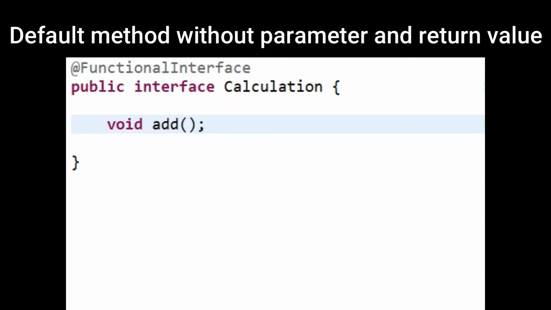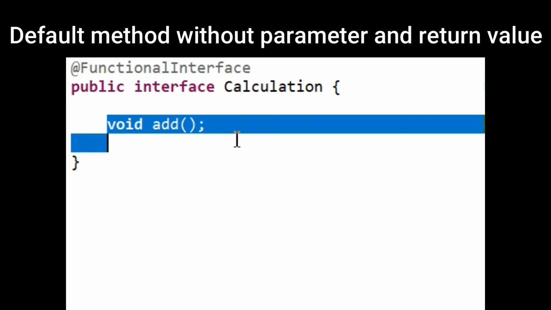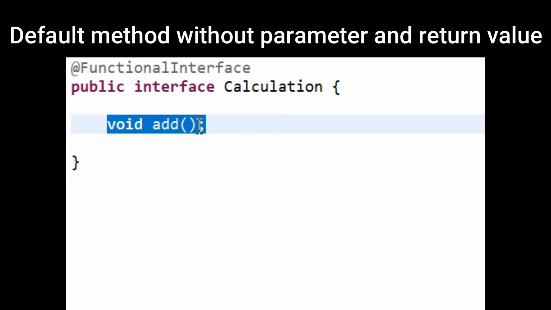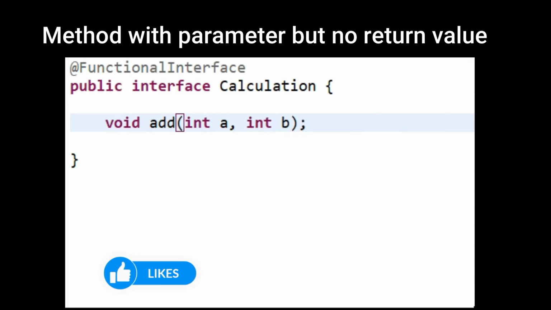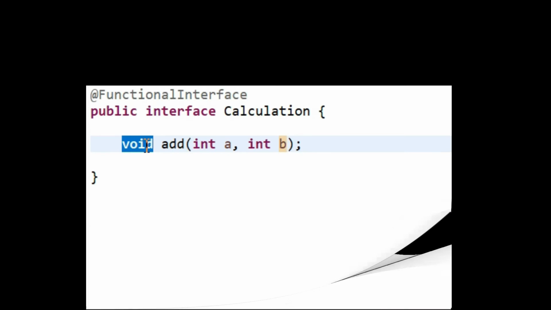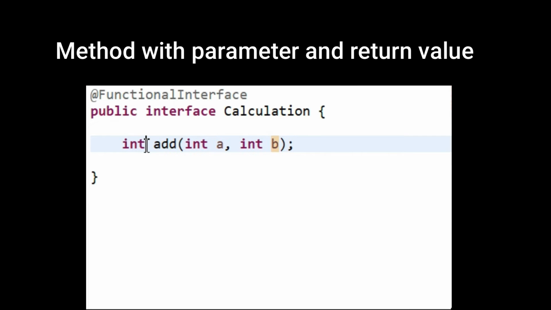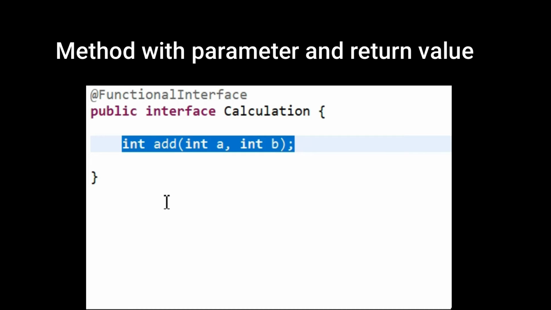First, we create one method and see how we can utilize it when we don't have any parameter and are not returning any value. The second way, we accept two parameters. And third, we return the value based on whatever parameters we get, do the addition logic and send it to the client program. That's just a simple thing which we are going to see.